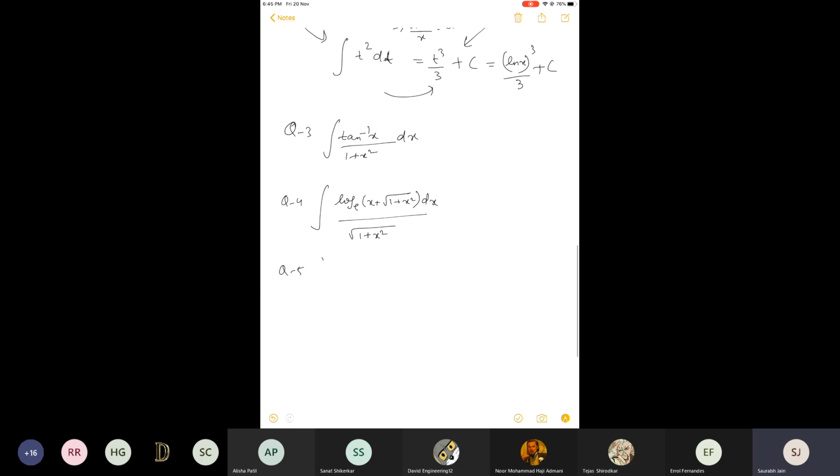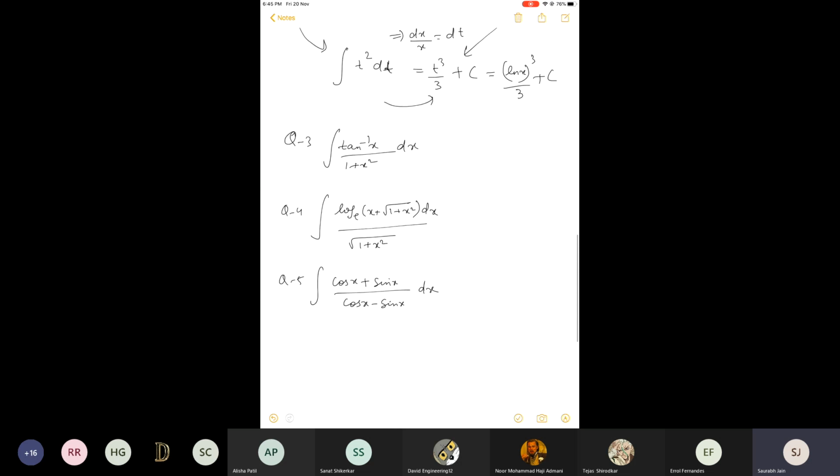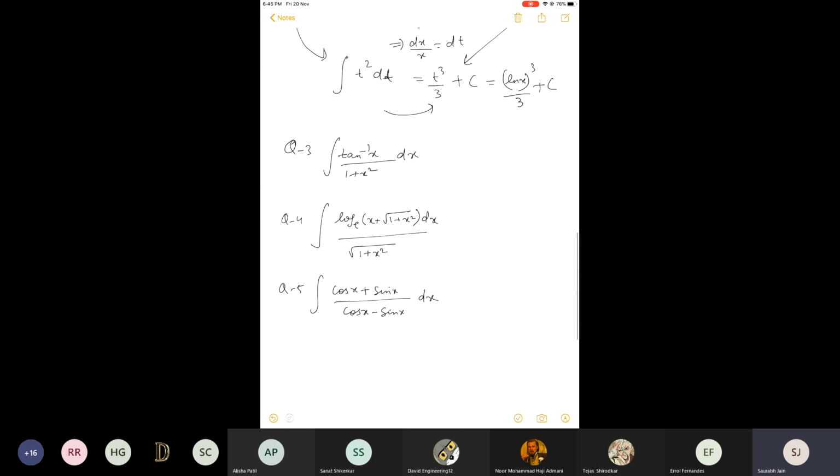Don't sit idly. Take a rough notebook and start solving these questions. First, we will try these 4 questions. Try them based on substitutions.